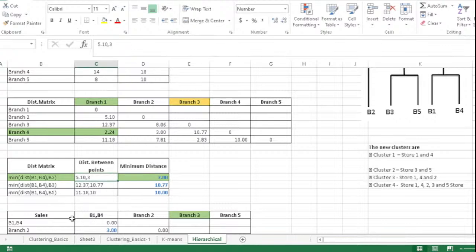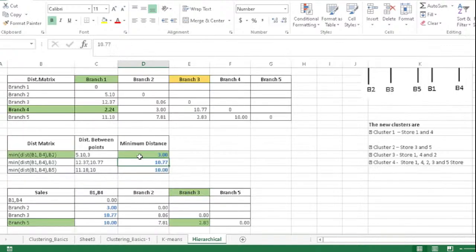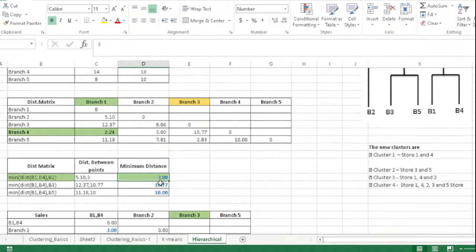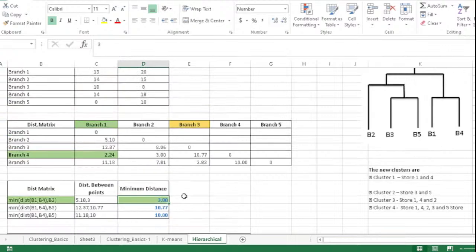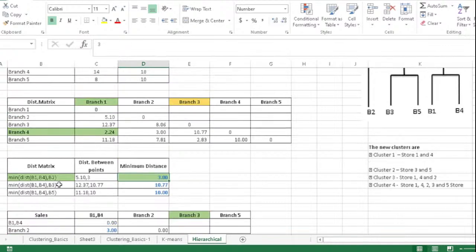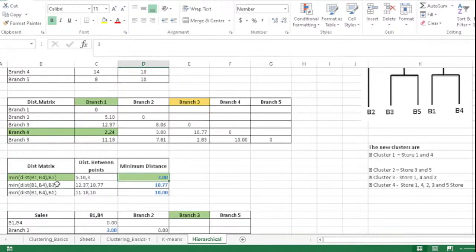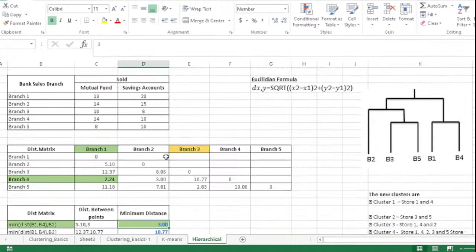Now, of these distances, I pick the minimum distance, and the distance which is the lowest, I club that with 1 and 4. So I club 1, 4 with 2.